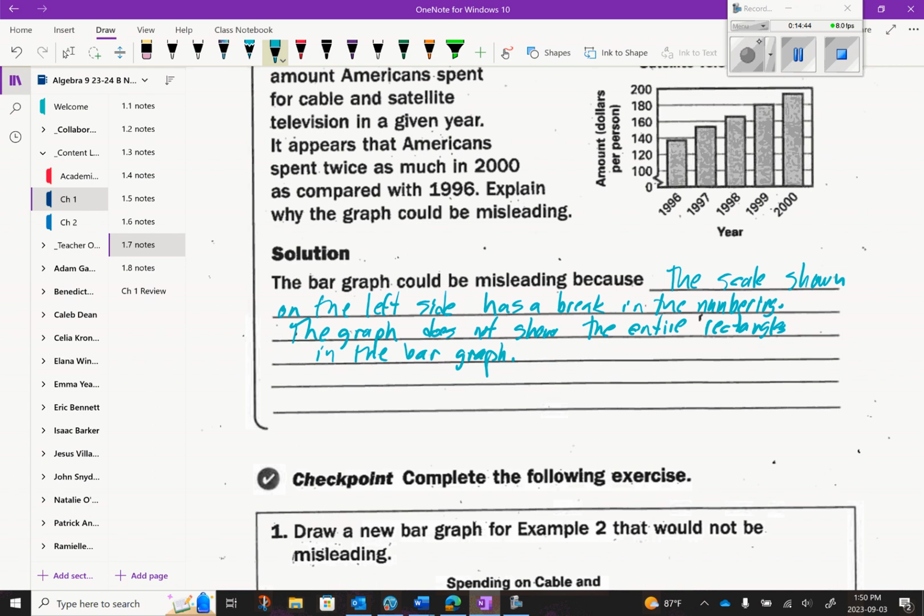If all of those were drawn with a consistent scale all the way down to 0, well, okay, it clearly shows that in 2000 they spent more than they did in 1996, but it wouldn't look like it's twice as much.